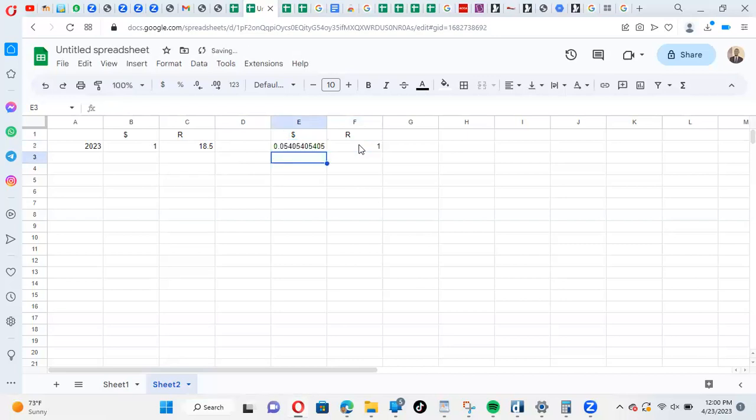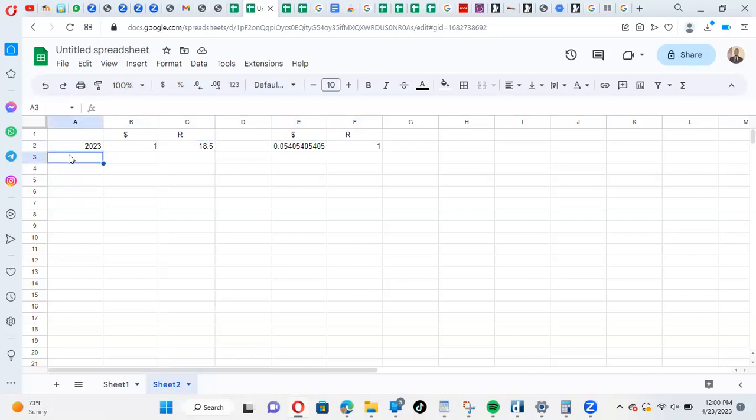So 1 rand is worth 0.05, just about 5 cents, or if we round it off, just about 6 cents. This is the value of the rand in terms of the US dollar. This is the value of the US dollar in terms of the rand.